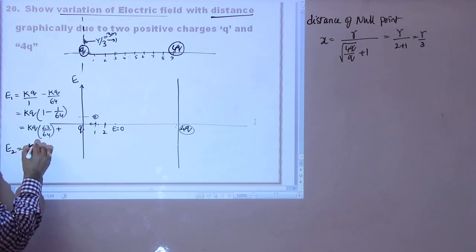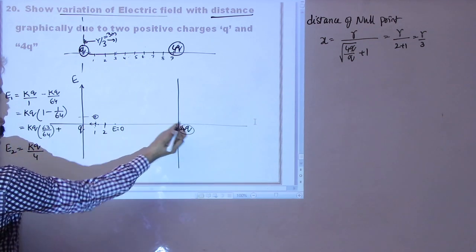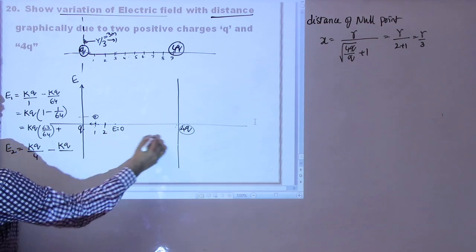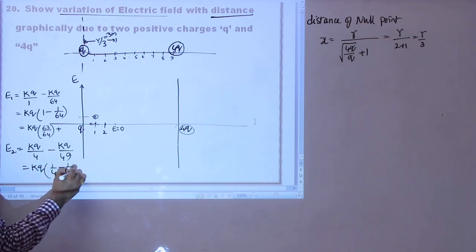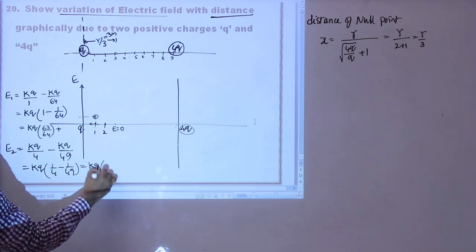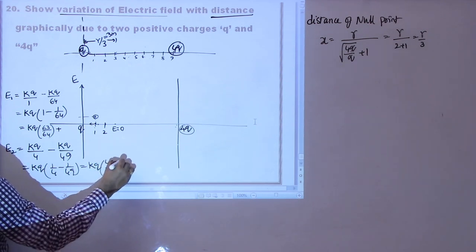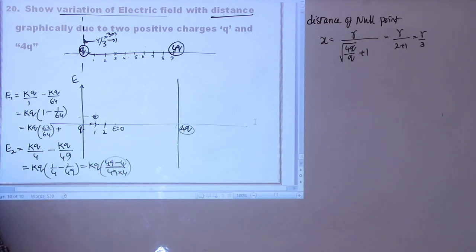Now what is the electric field at this point? Electric field at 2 is given by kq by 2 square, that is 4, in this direction, and due to the other charge the field will be in this direction, kq by, here the distance will be 7 square, 49. So this is also kq (1 by 4 minus 1 by 49), kq (49 minus 4) by 49 into 4.